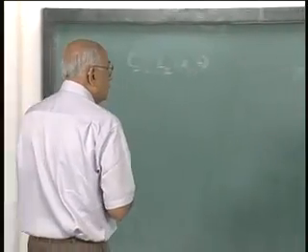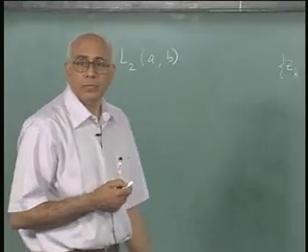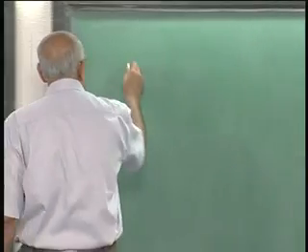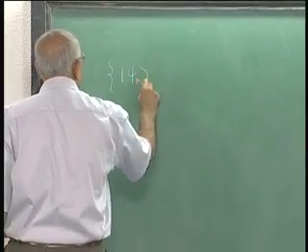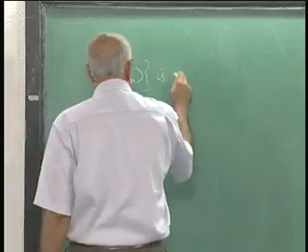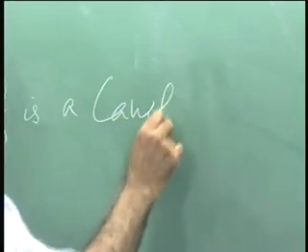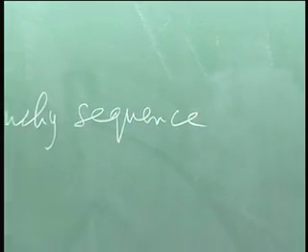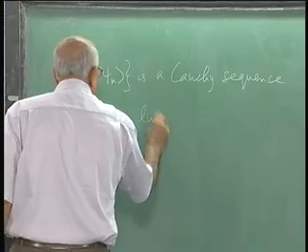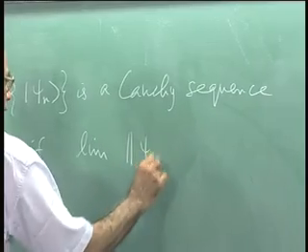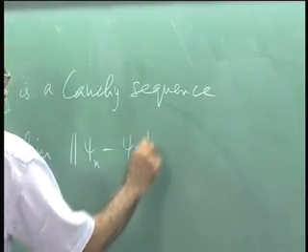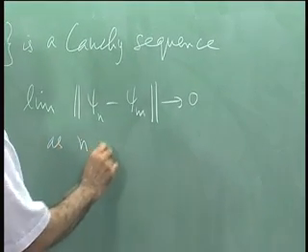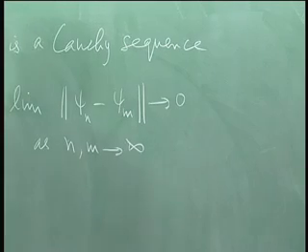Now taking this over to the idea of vectors in a linear vector space, this sequence in a linear vector space psi n is a Cauchy sequence if the limit of the norm of psi n minus psi m goes to 0 as n, m tend to infinity.